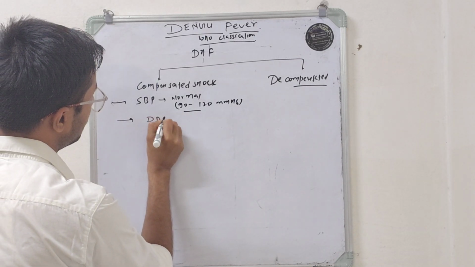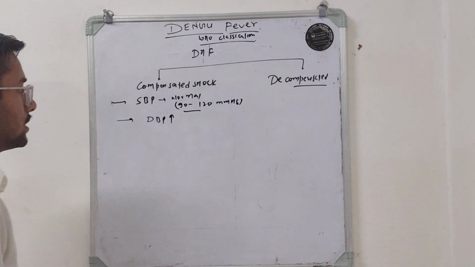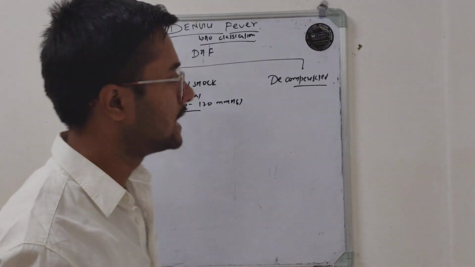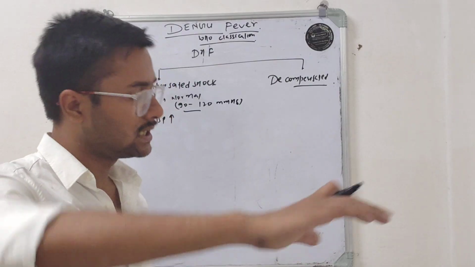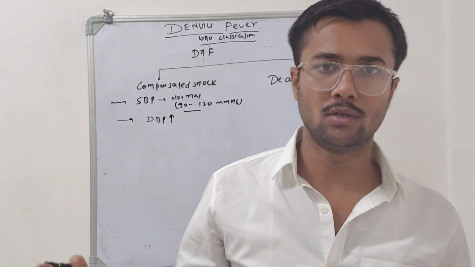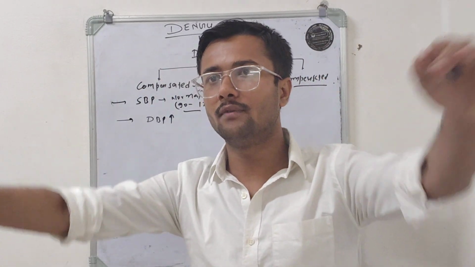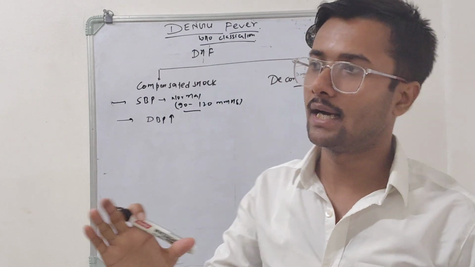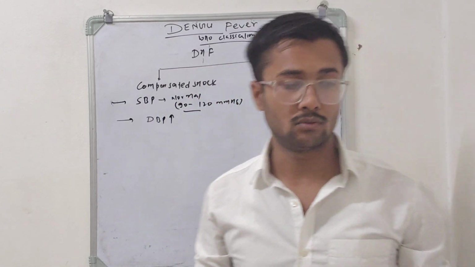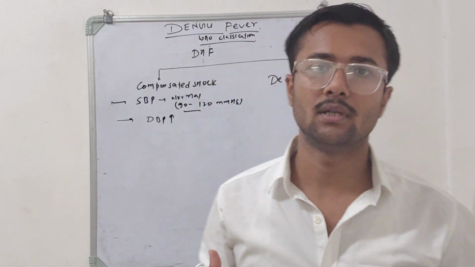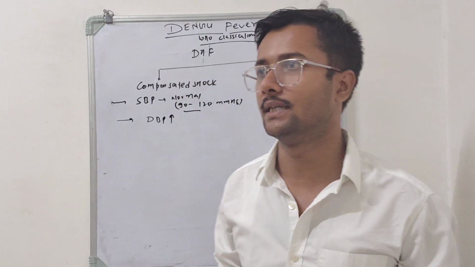The other thing is that diastolic blood pressure gets elevated. So why does the diastolic blood pressure get elevated? Let's see what happens if there is significant blood volume loss. So what does the body do? What is its first priority? Its first priority is to supply blood to the vital organs of our body.